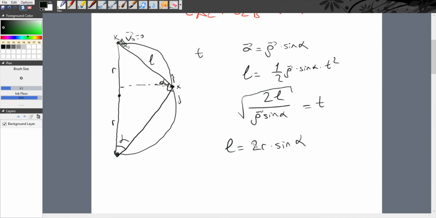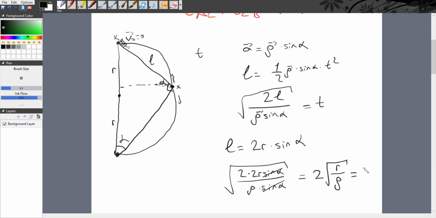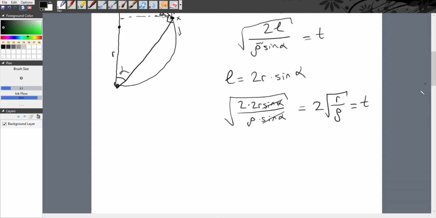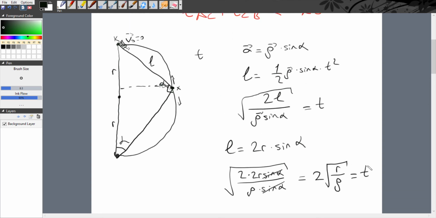So when we write it inside this equation, it will become 2 times 2r sin alpha over g times sin alpha. As you see, the sin alphas cancel each other, and we just get a very beautiful equation, 2 times the square root of r over g, which is the same as our time.